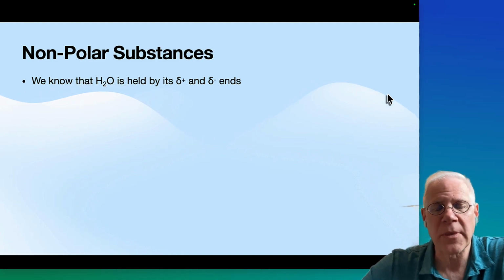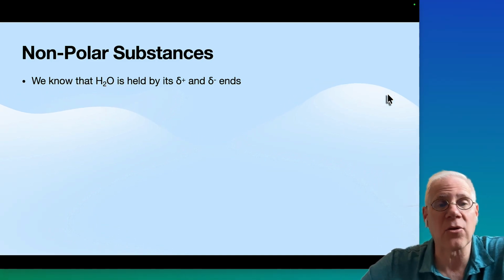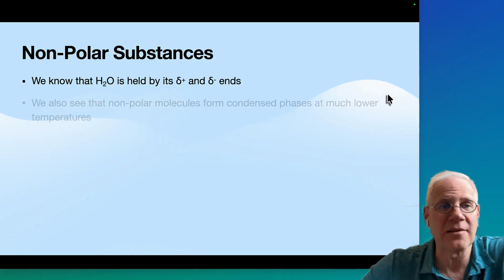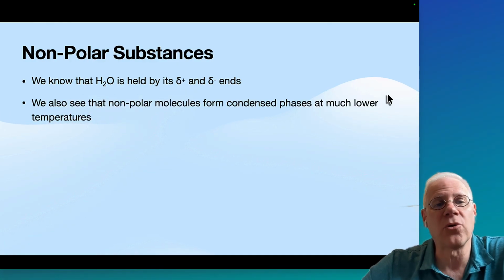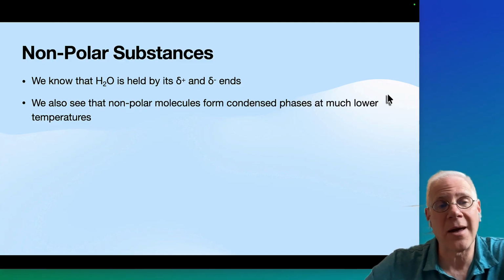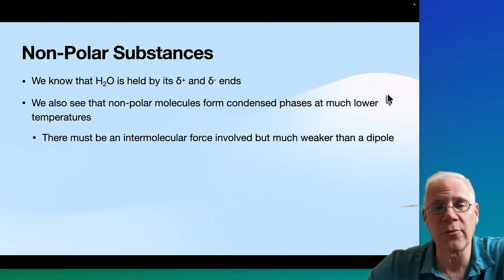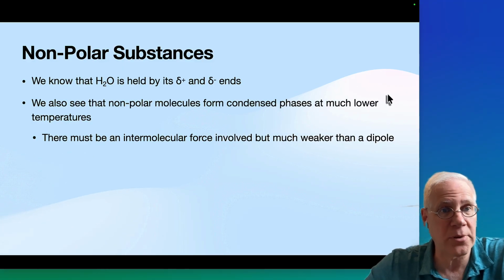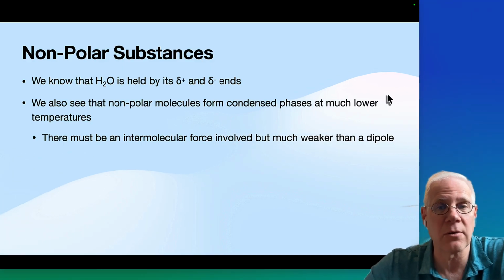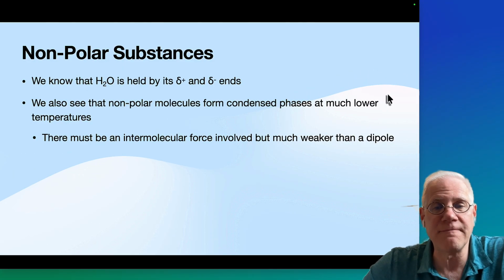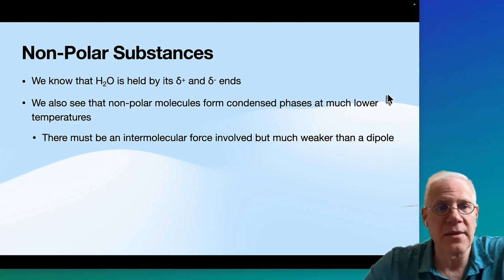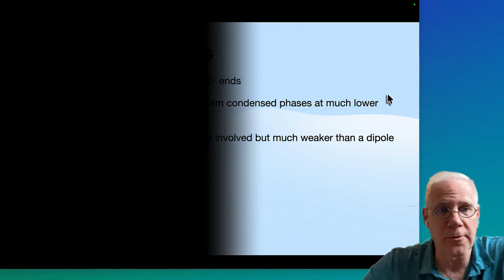We mentioned that water is a polar molecule held together by its delta plus, delta minus ends. We also know that nonpolar molecules form condensed phases, however, at much lower temperatures. So there must be an intermolecular force that is involved to help those nonpolar molecules stick together, but it's going to be much, much weaker than the dipole of something like water.